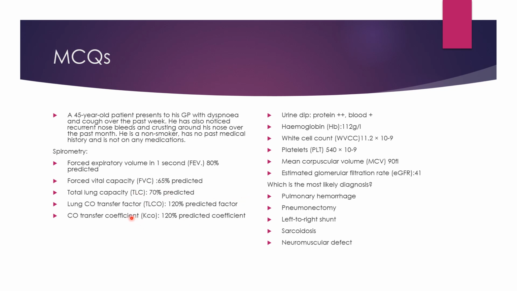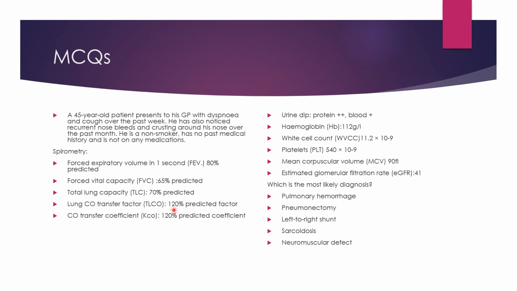And transfer factor or TLCO is increased, 120%. So anything more than 100% is increased, because 100% is the predicted value. From that we have these percentages that have come. So 120% means that the TLCO is increased, and KCO goes hand in hand with TLCO except for a few conditions.